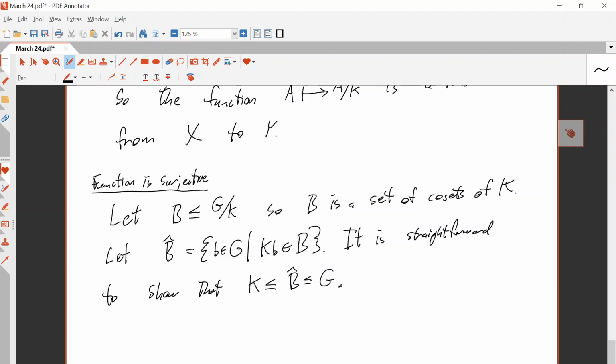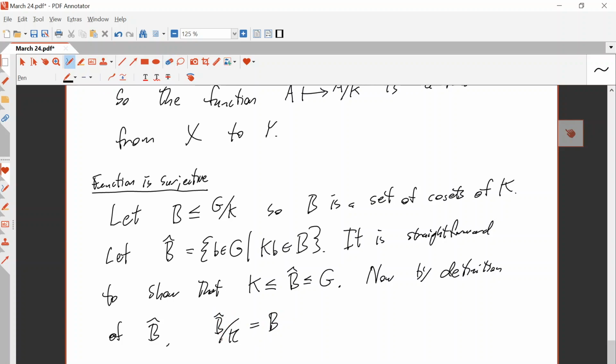So it's straightforward to show that, and simply now by definition, it's got to be that B hat mod K is B, right?